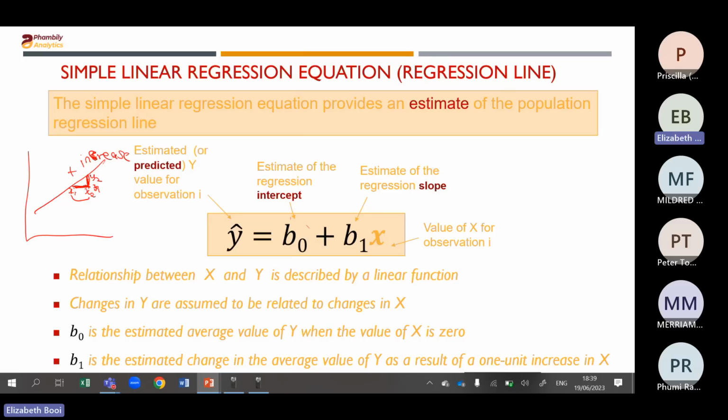If it's like this, negative, we say there is a decrease in the value of Y as a result of a 1 unit increase in the value of X, because when the value of X increases by 1 unit, the value of Y decreases. And when the value of X increases by 1 unit, the value of Y also increases.